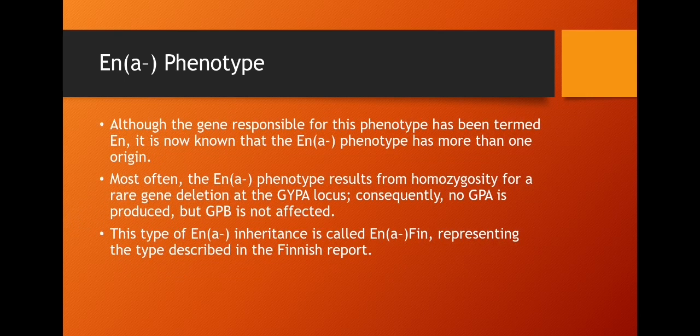Although the gene responsible for this phenotype has been termed EN, the En(a-) phenotype has more than one origin. Most often, it results from homozygosity for a rare gene deletion of the GYPA locus. Consequently, GPA is not produced but GPB is not affected. This type of En(a-) inheritance is called En(a-) Finnish, representing the type described in the Finnish report.